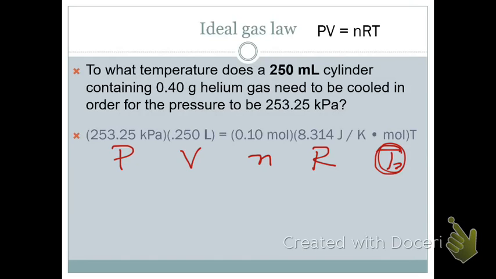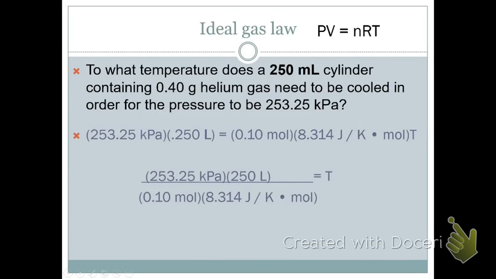And in order to do that, we need to get rid of the moles times the R value, R constant, so T is left by itself. When we do that, we set up the equation. So you can clearly see that you have pressure times volume divided by number of moles times the R value to give us T. So clear your calculator.